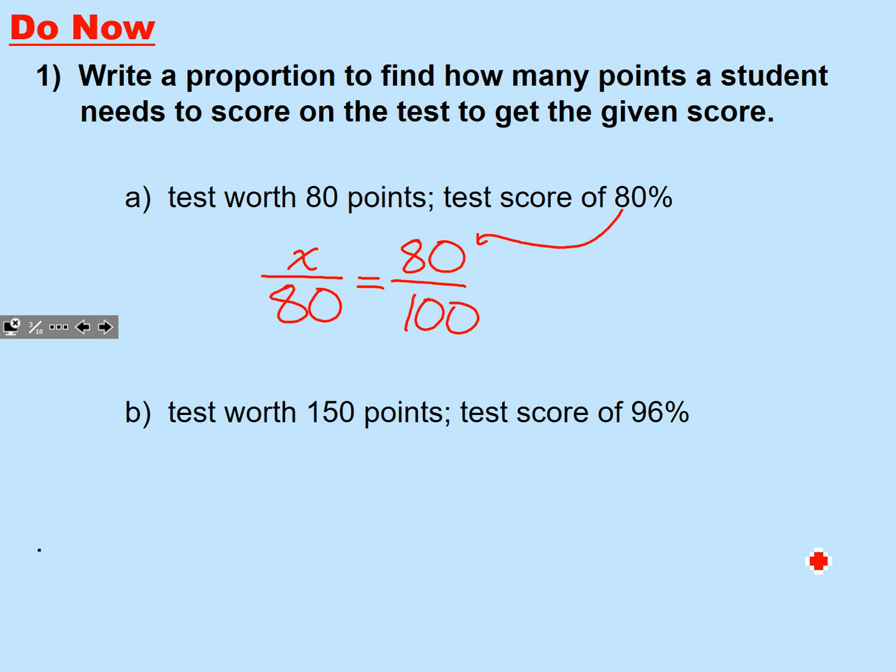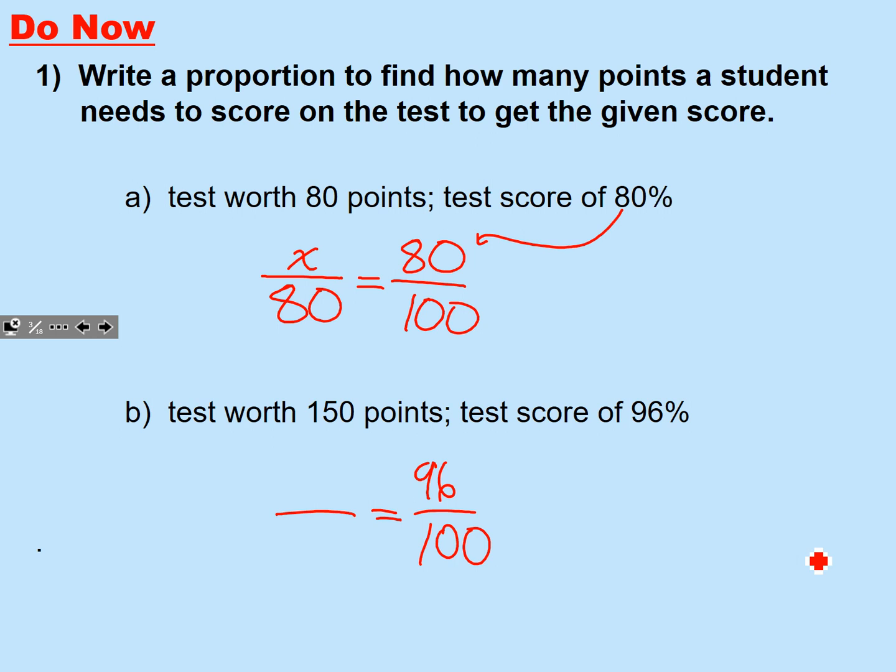Now, very similar to what you did on part A, a test is worth 150 points. The test score is 96%. So how are you supposed to set up a proportion for that? Well, if you recall, 96% means 96 out of 100. How would you complete the proportion?